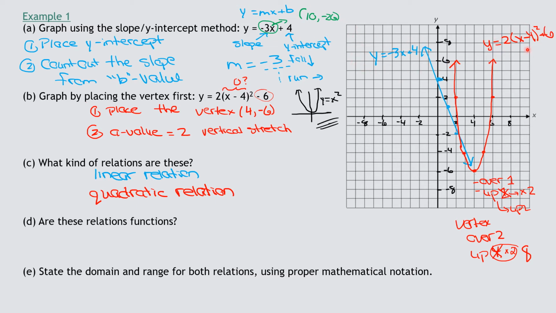All the quadratics we're going to graph this year are all functions. So the two main types of relations you know from grade 9 and grade 10 are both functions. So we're building on those this year. Are these relations functions? Yes, they are.